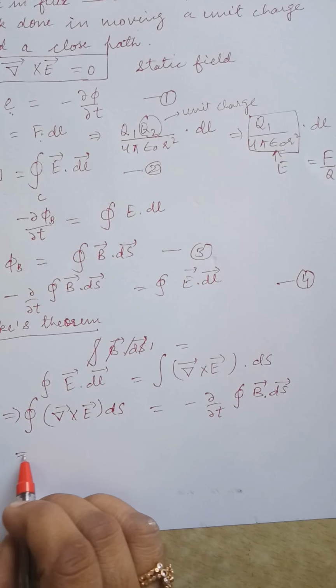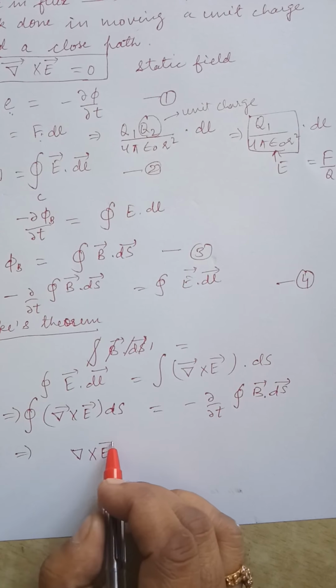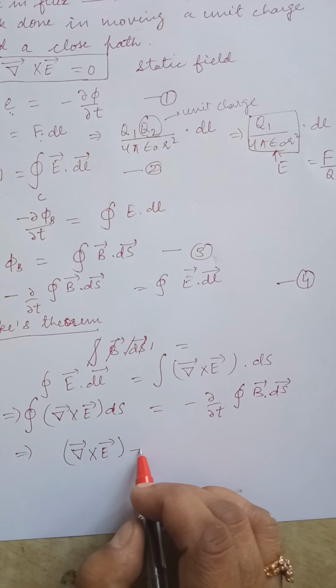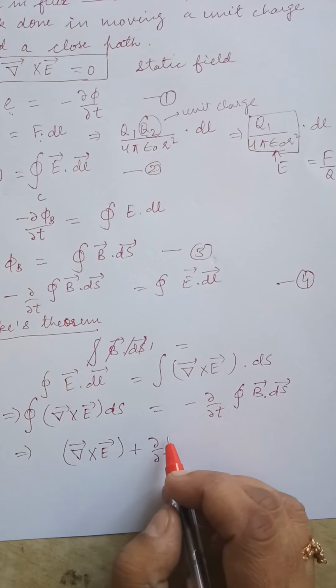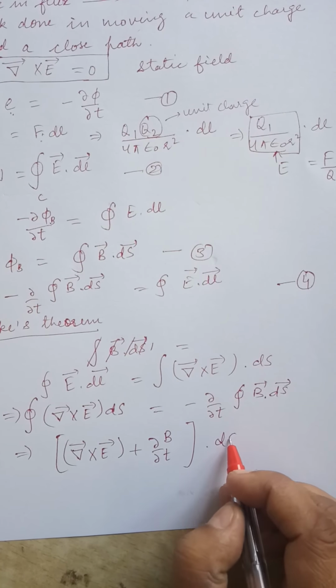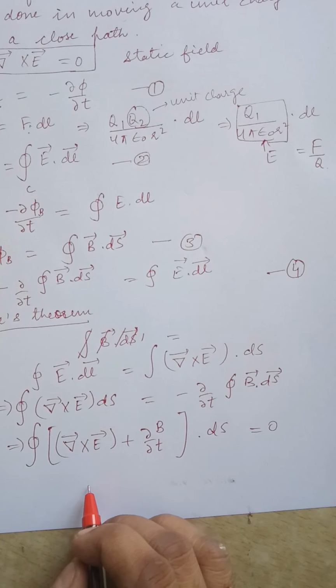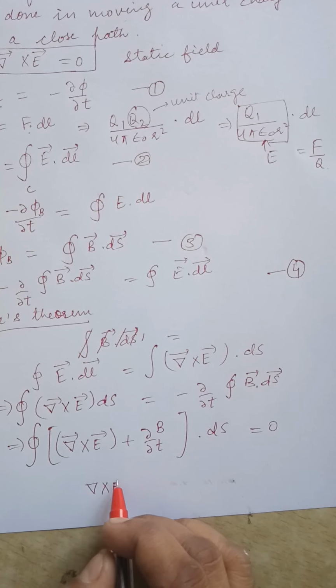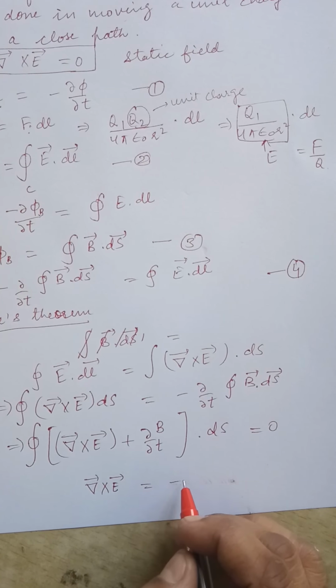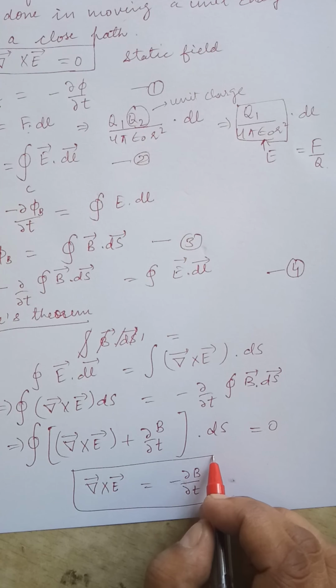So let me combine the two equations: the integration of curl of E plus del by del t of B dot ds, the surface integration, equals 0, or the differential form is simply curl of E equals minus del B by del t. So this is the modification in the equation.